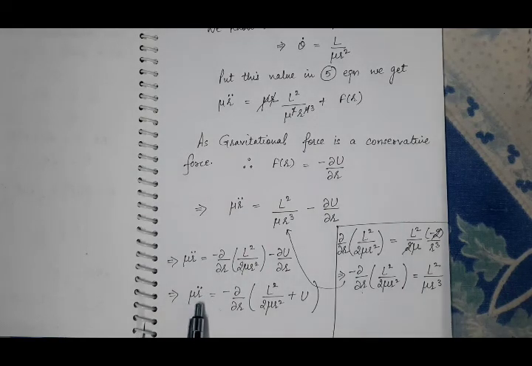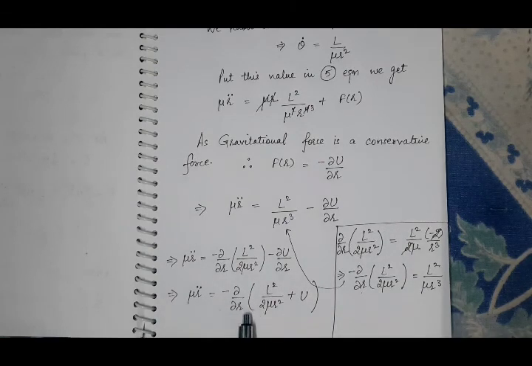Mass into acceleration represents force, and curly by curly r means gradient. Conservative force is always equal to the negative gradient of potential energy. But here instead of potential energy, we have the sum of these two terms. It means these two terms represent the effective potential energy.